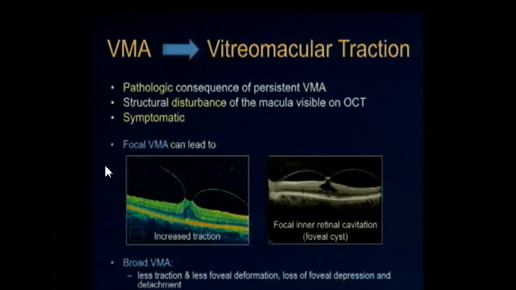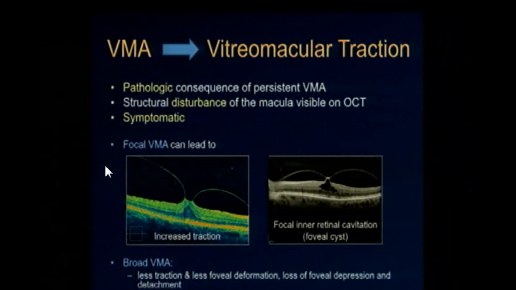If this VMA continues and it causes more traction, then you start to talk about VMT, vitreomacular traction, not adhesion. And this is pathologic because it's due to the persistence of the VMA, and it causes a disturbance in the macular architecture, and it's obviously symptomatic.